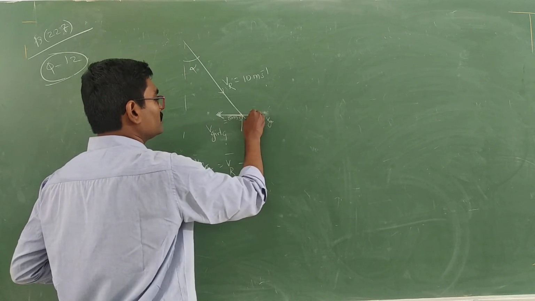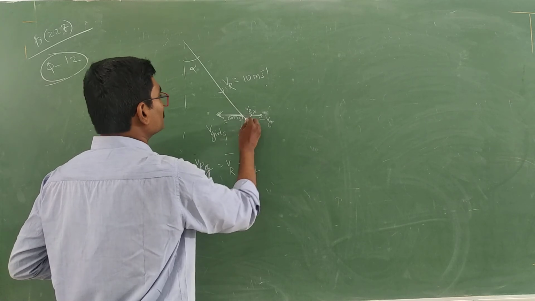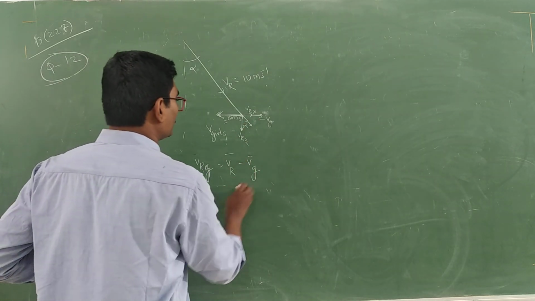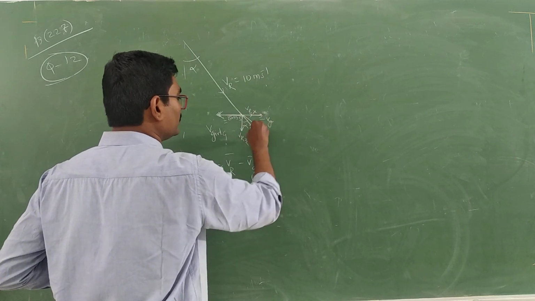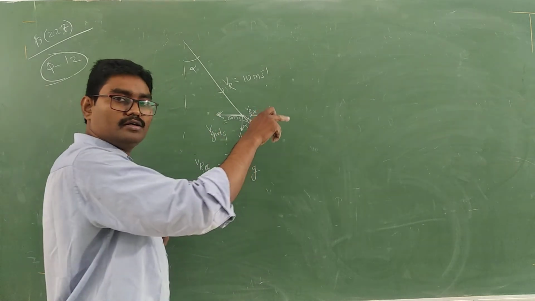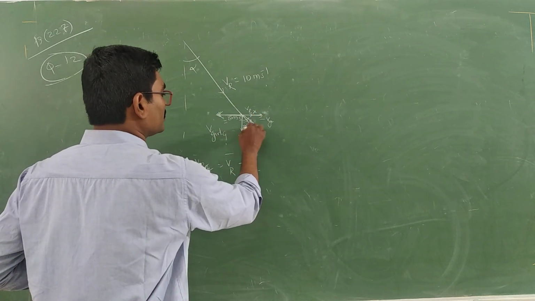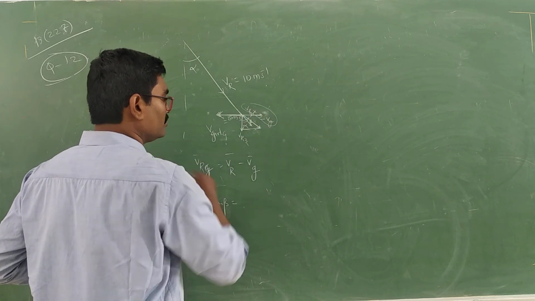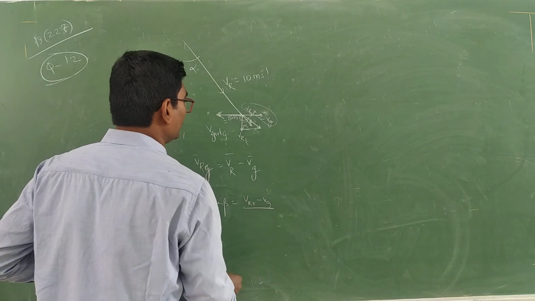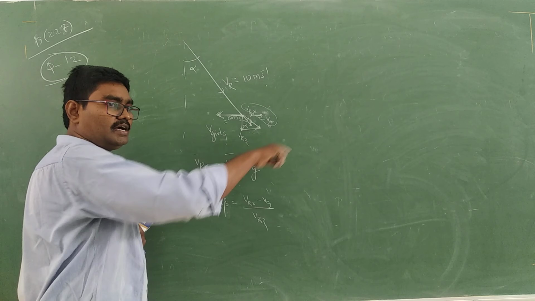Now resolve: this is Vrx, this is Vrz, and this is angle alpha. The resultant will come this way, making an angle beta. So I need to calculate tan beta, opposite by adjacent side. The opposite side is Vrx minus Vg. Since both are in the same direction, you add.